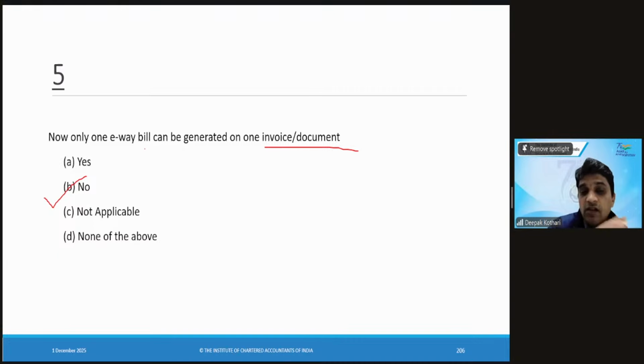No. The question on consolidated e-way bill, what we saw is from the transporter's perspective, say a courier agency. Now, a courier is transporting goods of multiple people, right? In that case, they have an option to consolidate the multiple e-way bills because they have to show the e-way bill to the inspecting officers.